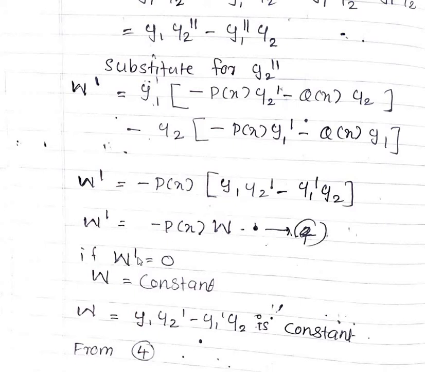So if W' is equal to 0, if the derivative of the Wronskian is equal to 0, you can write W as a constant, because if its derivative is equal to 0, that quantity becomes constant. So if W' = 0, W, that is given by y1 y2' - y1' y2, is a constant term.